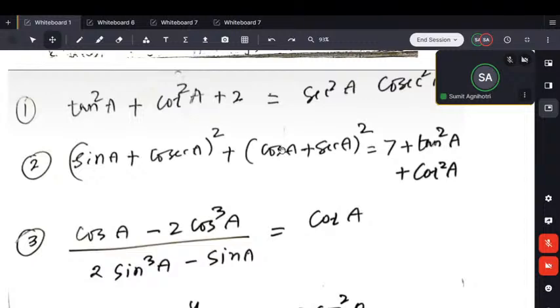Okay, I think you all are okay with all these identities.